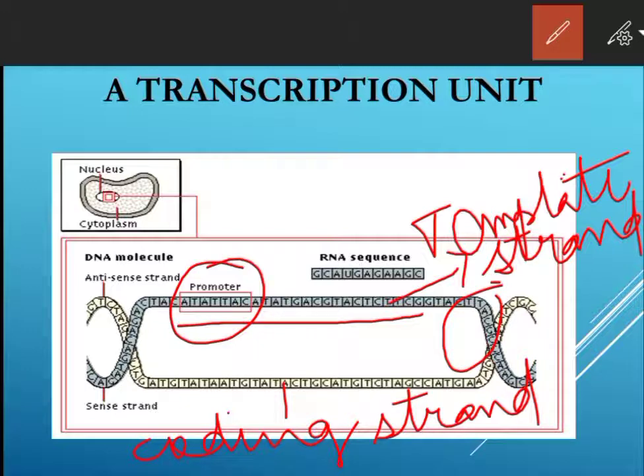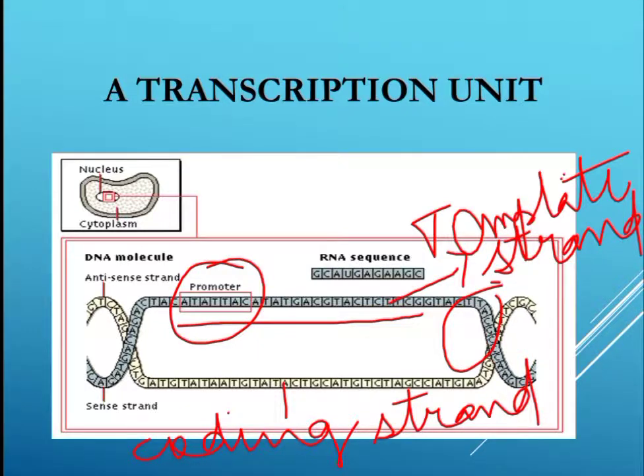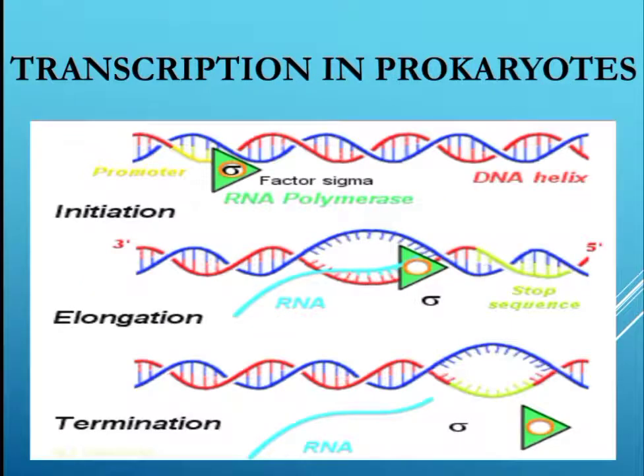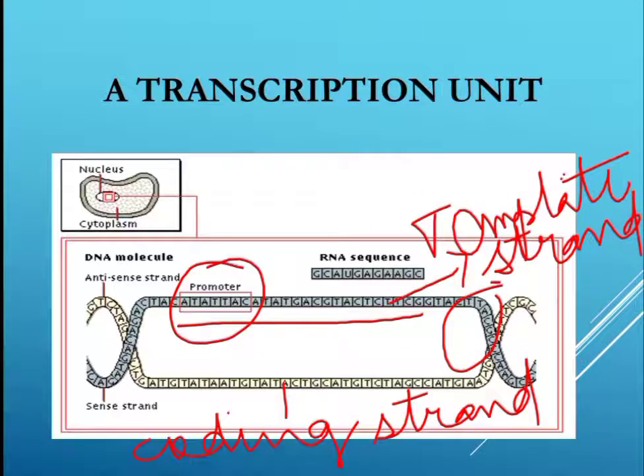A promoter is a DNA sequence that provides a binding site for RNA polymerase. That means RNA polymerase will bind first to which region of the template strand?